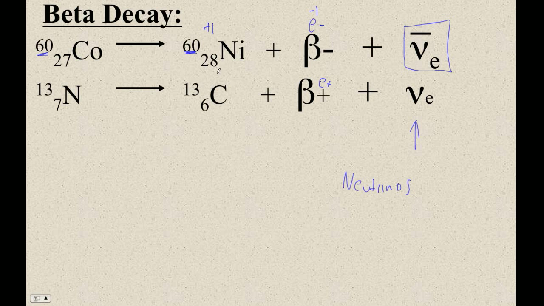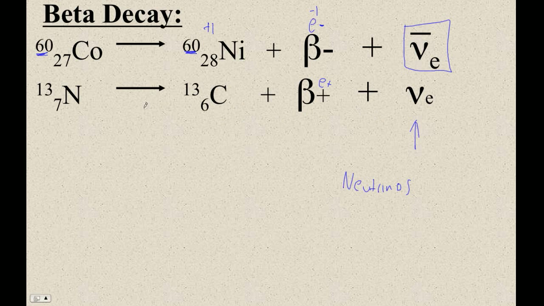Either energy was not conserved, or there was a very hard to detect particle that was carrying away some of the energy, right? And so our physicists decided it was much better to have an undetected particle than to totally get rid of conservation of energy. And so indeed, these have been confirmed to exist. It's actually fairly recently that we've actually detected neutrinos, but they've been confirmed indirectly by other experiments.